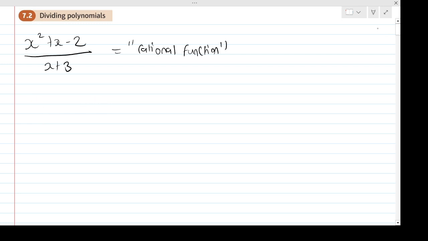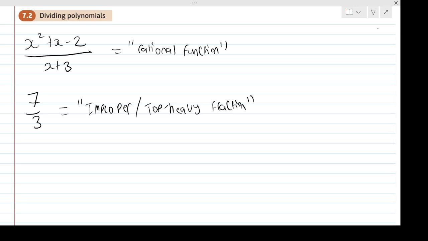Okay, so first of all, I'm going to do a bit of a GCSE recap and remind you that if we have a fraction, say 7 over 3, we call this an improper or a top-heavy fraction, because the number on the top, the numerator, is bigger than the bottom, hence the word top heavy.